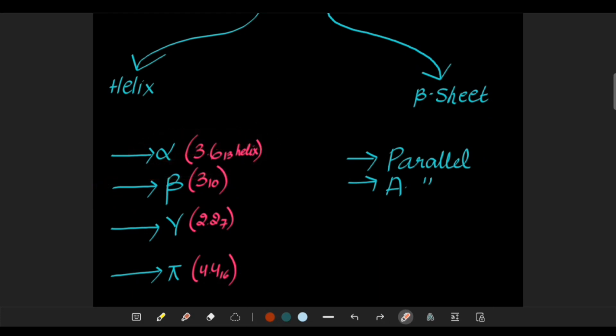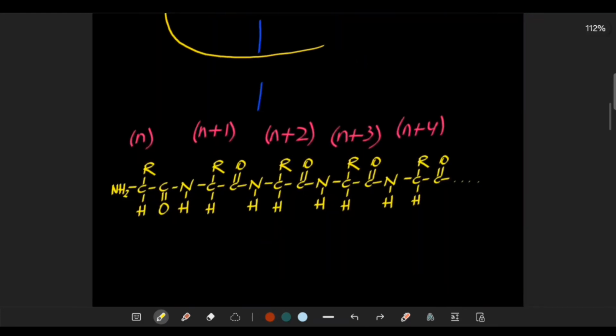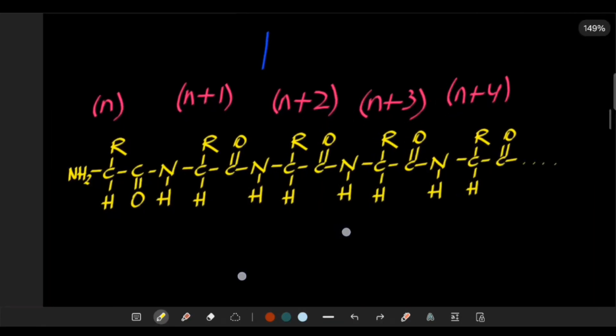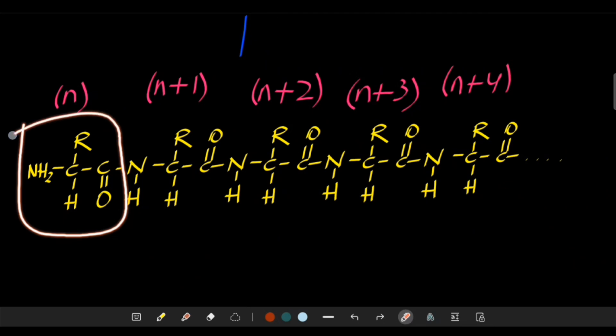So I'm going to tell you what an alpha helix is. So as you can see over here, how many amino acids have I made? If you are able to spot, this is the first amino acid, right?